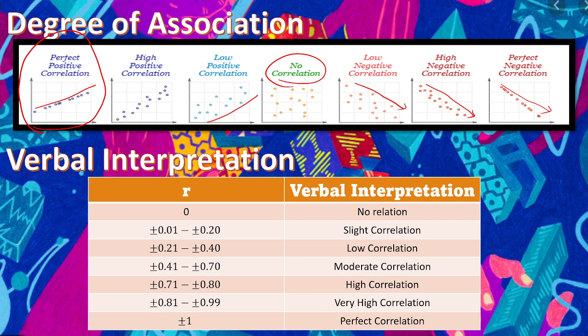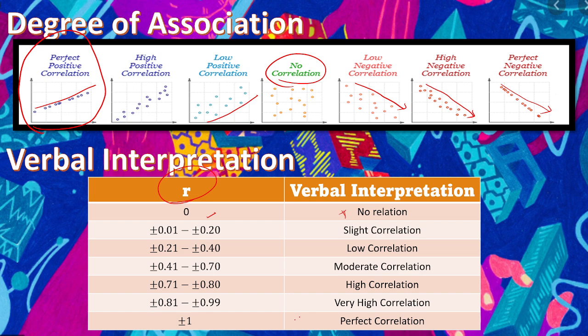Okay, when it comes to our verbal interpretation, ito naman yung verbal interpretation natin, which is kailangan nating ma-familiarize dito. Okay, kapag ang result ng R mo, di ba kanina nagbigay tayo ng formula, okay, kapag sinolve na natin at ang result ng R natin, for example, 0, meaning to say, no relationship.